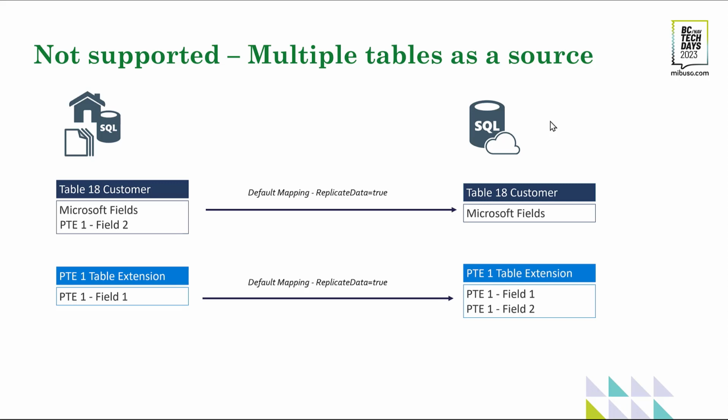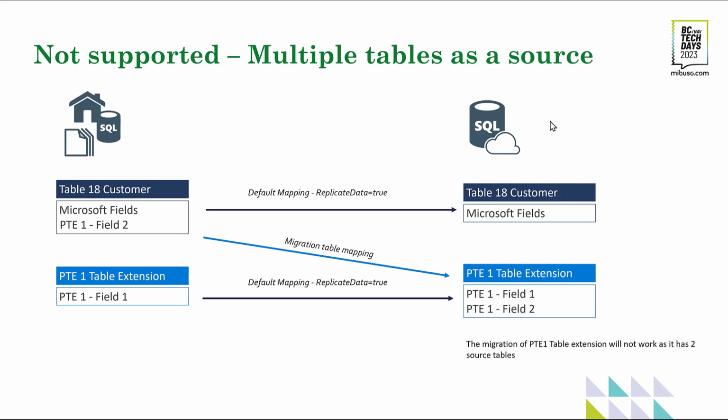Before we move on, there is one important limitation that I would like to highlight. We have seen that some of the partners have tried to do the following. Let's say that on the customer table they have added a field tool, and they already have the table extension in the on-prem database. Then during the cloud migration, they would like to move this field from the customer into the table extension, and they would try to do it by specifying a migration table mapping.